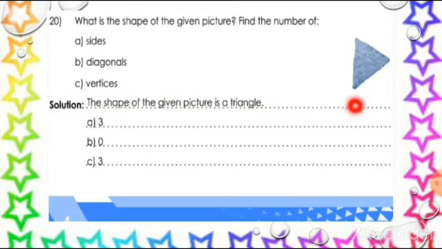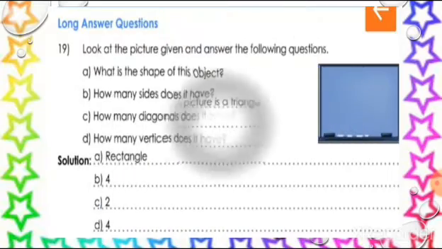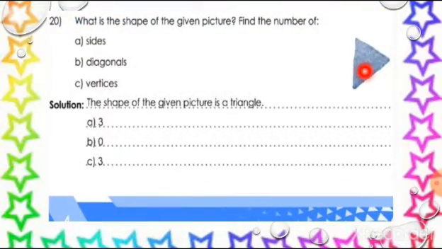How many vertices? 1, 2, then 3. So 3 vertices. So it's a triangle and it has no diagonals and it has 3 vertices. Got it? I hope everybody got the same answers.